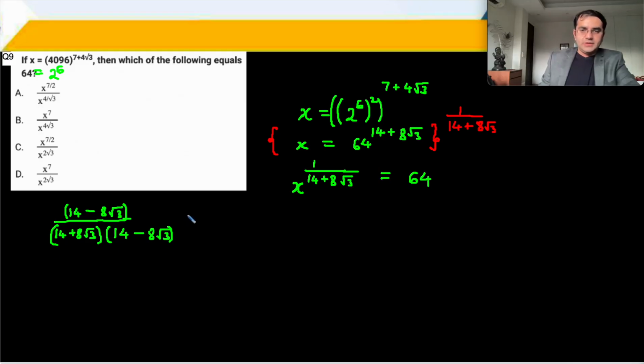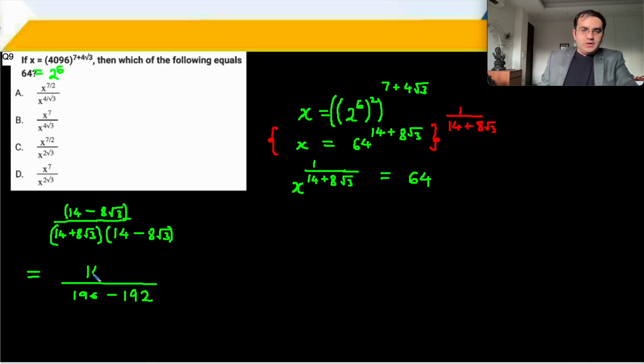So what do you get? नीचे denominator becomes 14 square 196 minus 8 root 3 square is how much? 8 is a 64. 64 into 3 is 192.